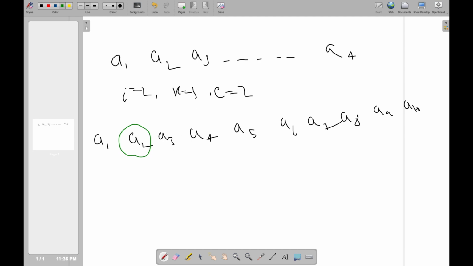So 1, 2, take this element, take this element. Okay, so 1, 2, and then take another stride, 1, 2. As you can see, we are taking k elements, each with a gap of e starting from i.